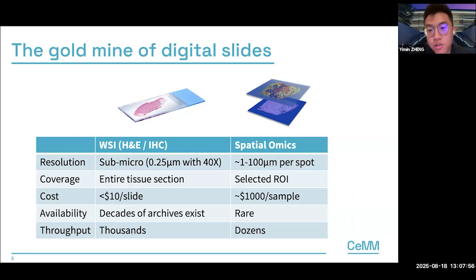And compared to spatial omics, they are much cheaper to generate, and you can generate many more histology images. I'm not saying spatial omics is not good. You should use it as long as you have the money and the technologies. But histology imaging can be a very nice way to approach a lot of biological questions in a much cheaper and quantitative way.